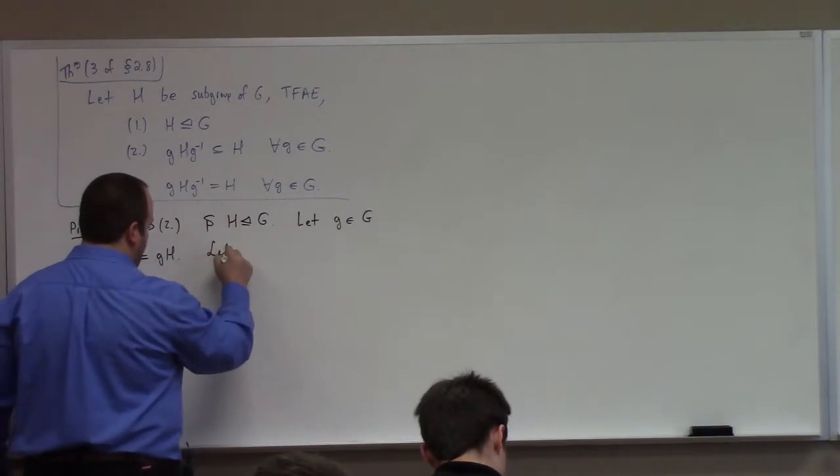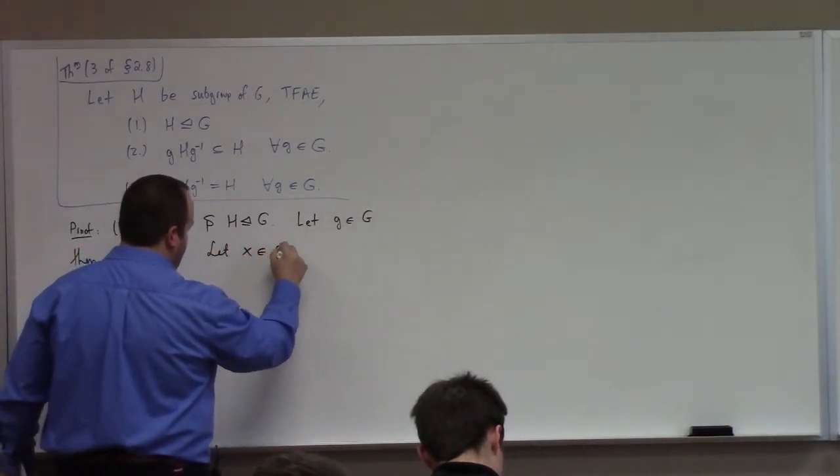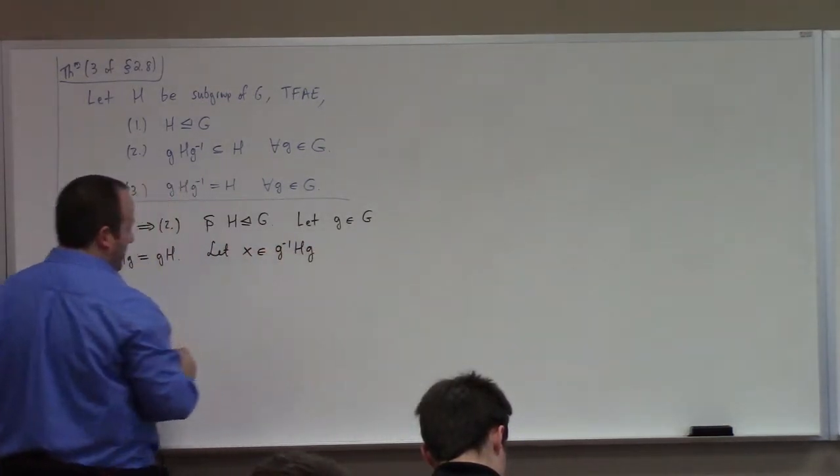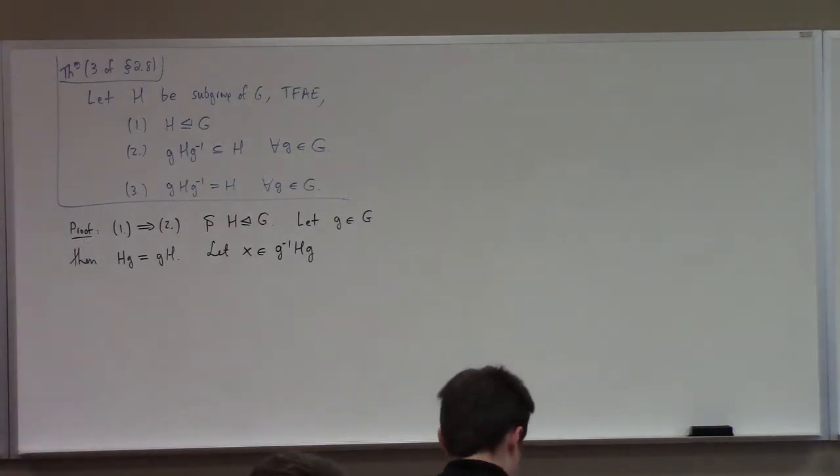Let x be an element of g inverse Hg. What's my goal then? I want to show that x is necessarily an element of H. If I can do that, that shows that the conjugate subgroup of H by g is necessarily a subset of H, which is what I want.